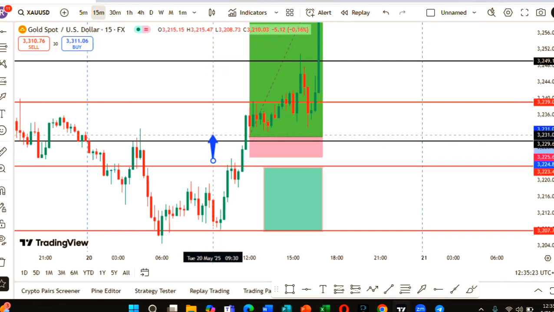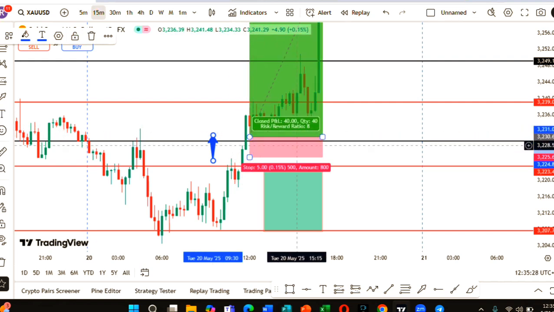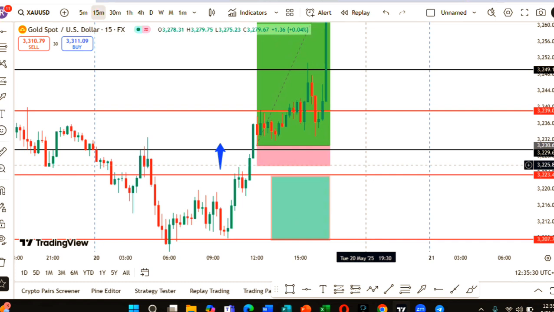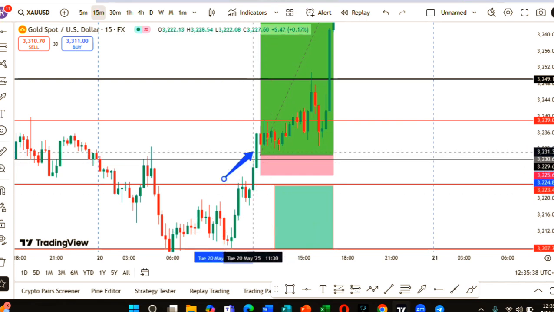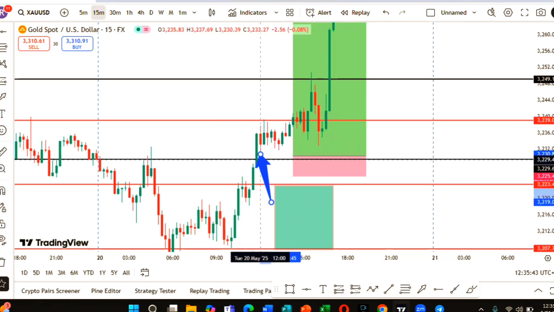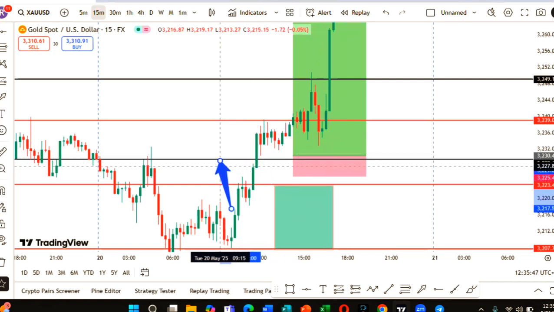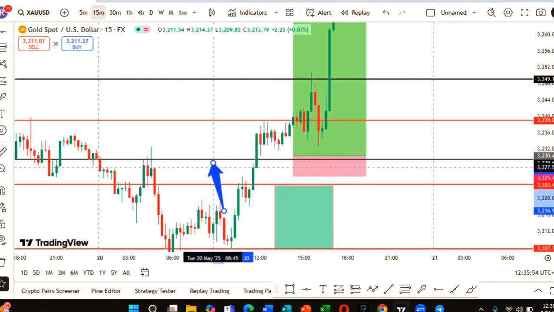After breaking the previous day's close, I was confirmed that this market was going to buy. So I entered my buy position at this point, when the market was retracing a little bit to form a little retest.